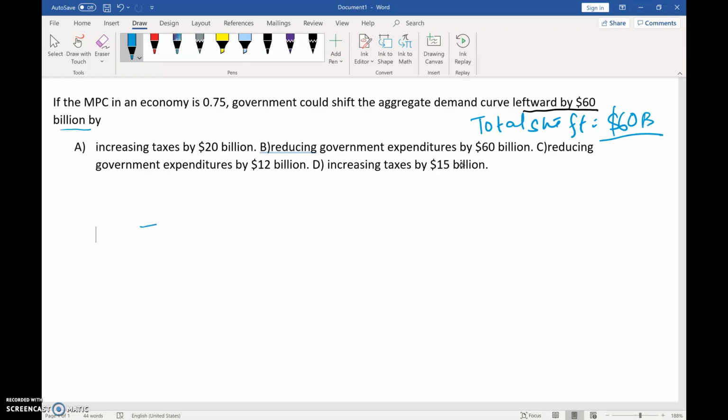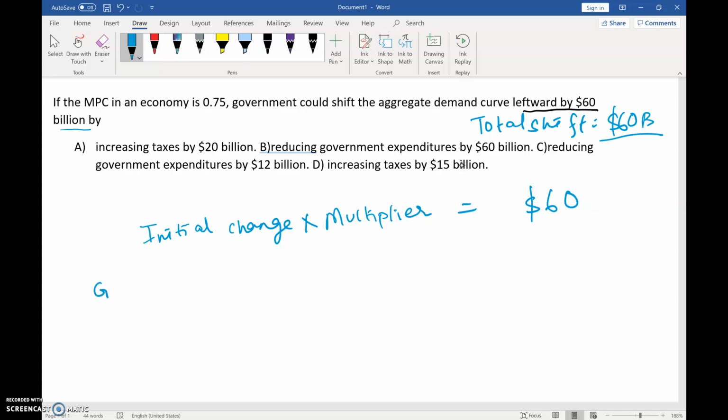So the formula is going to be the initial change times the multiplier, and this whole thing is equal to 60. And we have a government expenditure multiplier and the tax multiplier.